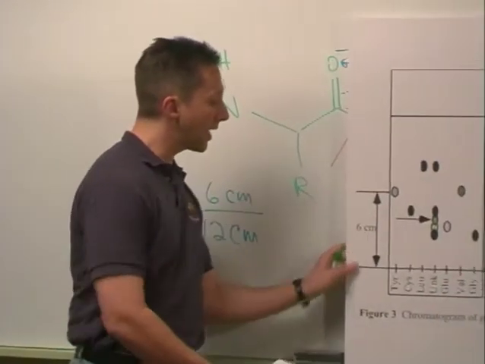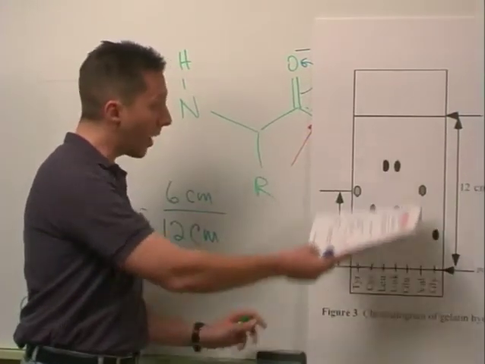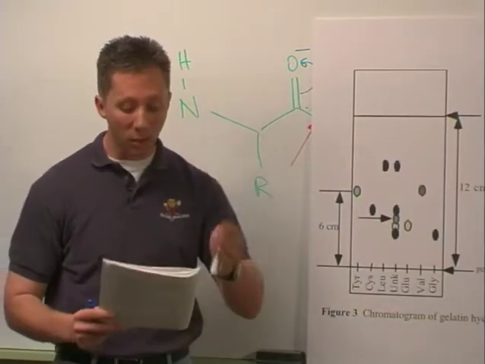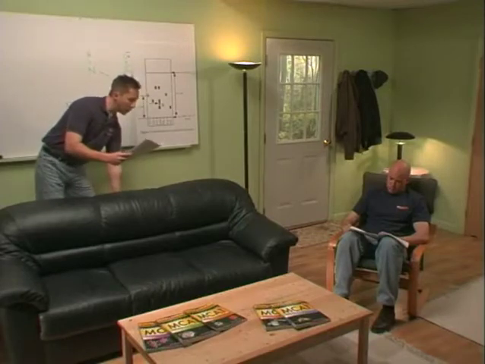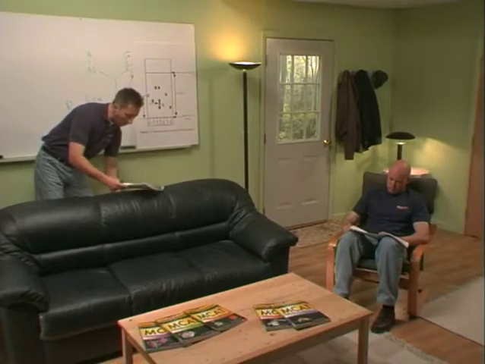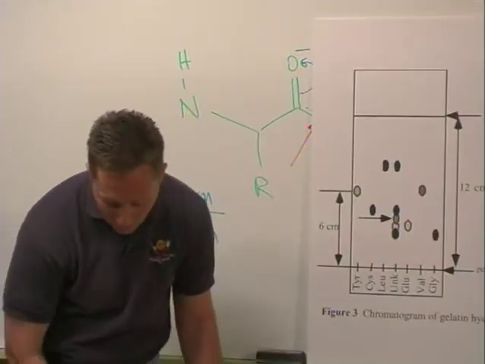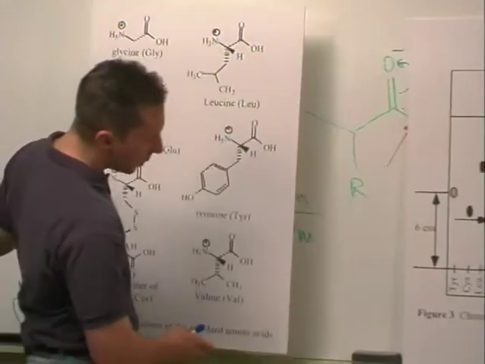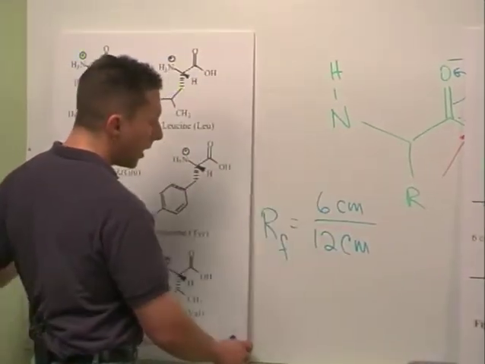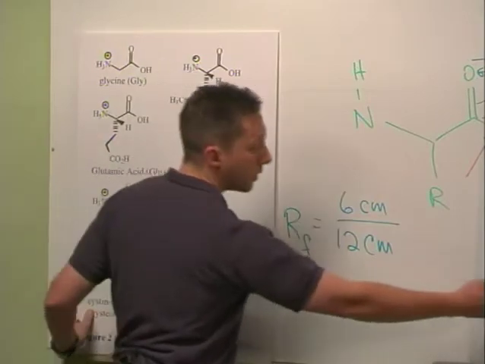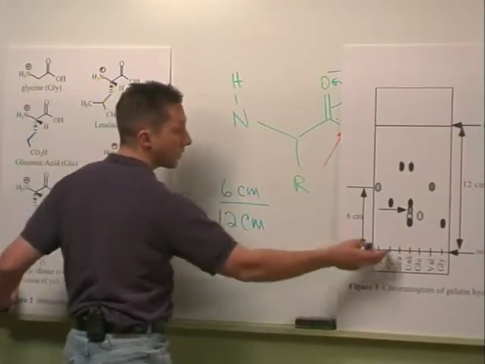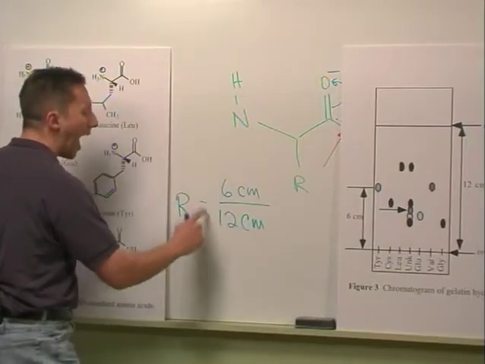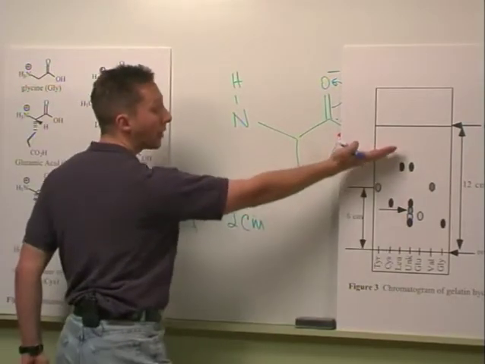The ratio of this distance to the distance traveled by the solvent is known as the RF factor. Remember, RF value is the distance from the origin to the spot over the distance from the origin to the solvent. So if you have a higher RF value, that means the spot traveled further.